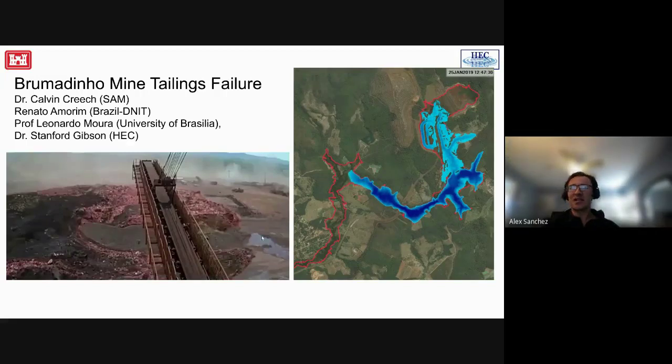So as you can see, the model did a pretty good job of representing the flood extents. The timing was also pretty good. There were several locations where people had the arrival times of the debris flow, and they were pretty accurate as well.